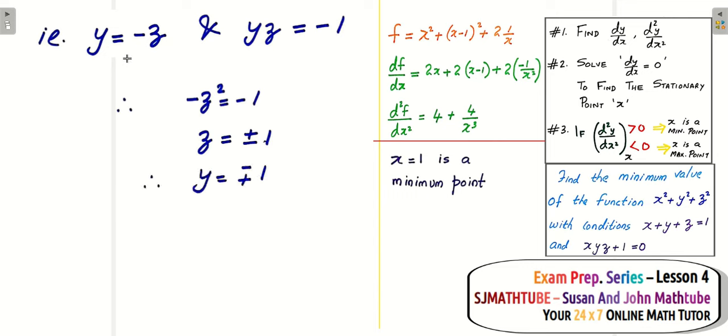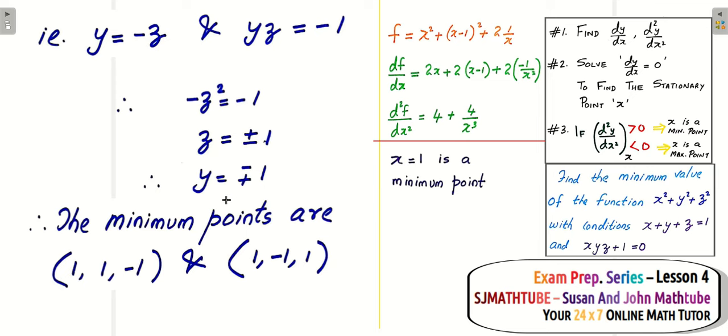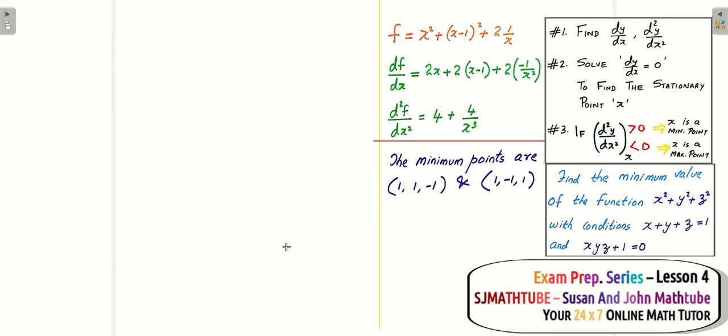And since y equal to minus z, it will be minus or plus. So the points are, x equal to 1, that is fixed. Now if y equal to minus 1, then z equal to 1, and if y is equal to plus 1, then z equal to minus 1. So we get these 2 points.